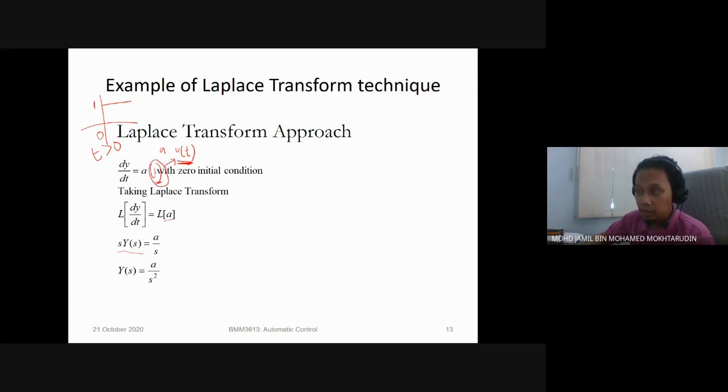Because it equals 1, we tend to not write u(t) here, okay? So we don't need to write it back because it's 1. So here it becomes A over s. Rearranging, you get Y(s) equals A over s squared.